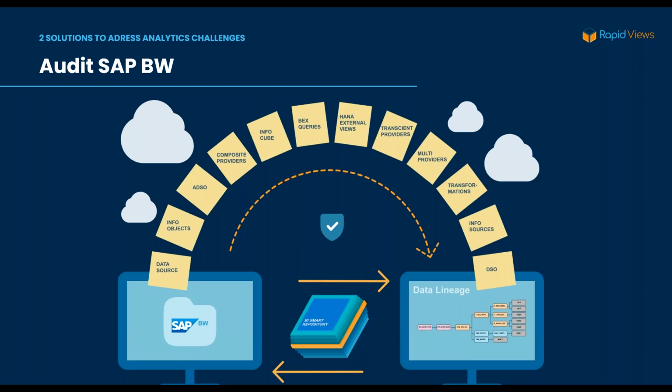It starts with the data source that we can see on the left, the first level of BW object that we cover. Then you can have some info sources, info objects, DSO, advanced DSO.